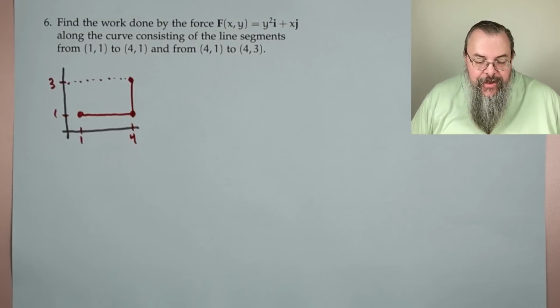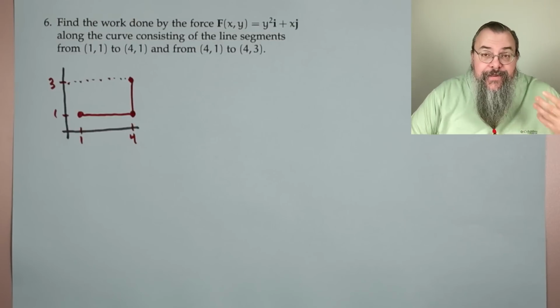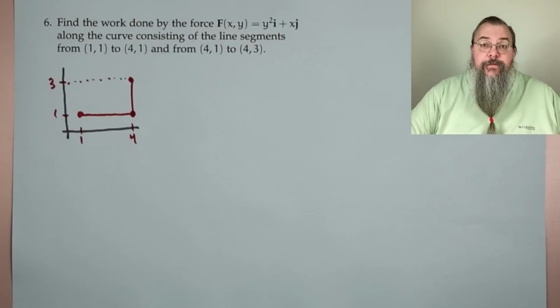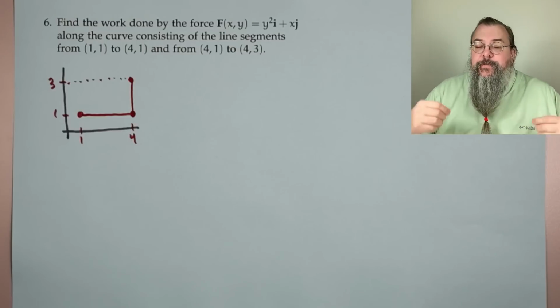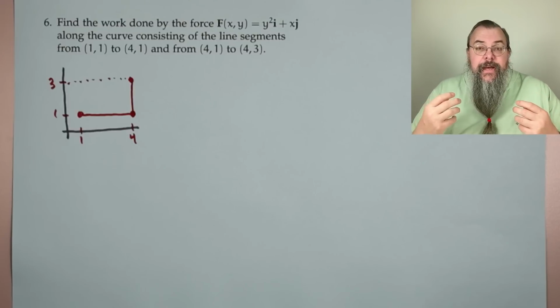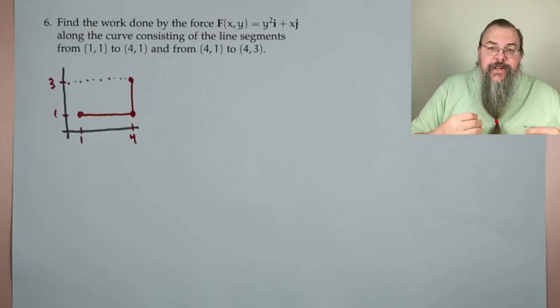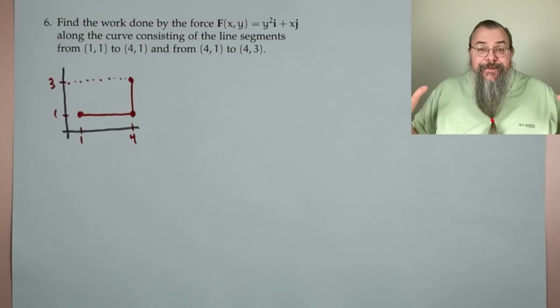All right, good. Now, how do we find work? Well, the very simplest way we do work, and that's when we're beginning learning work, is force times distance. That's if your force is always the same, your distance is in a nice straight line, everything's happy.